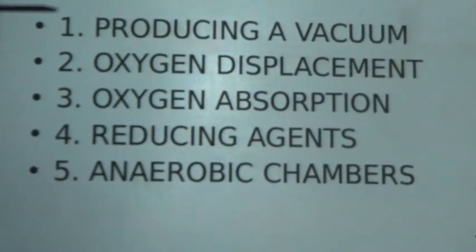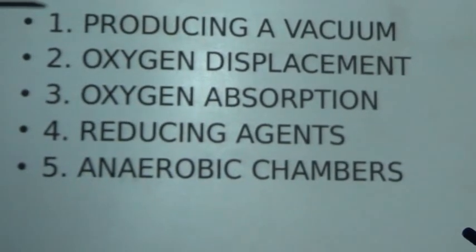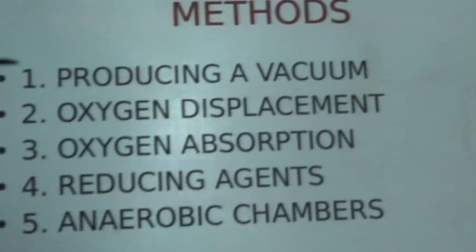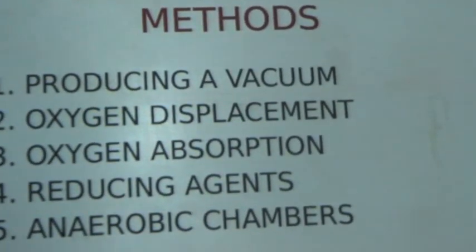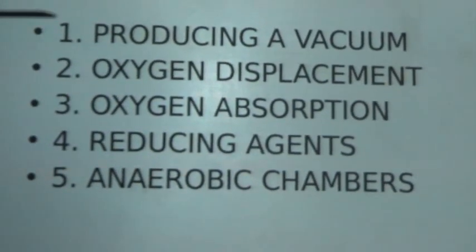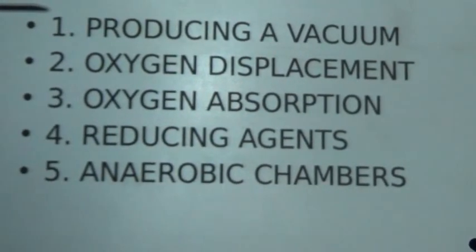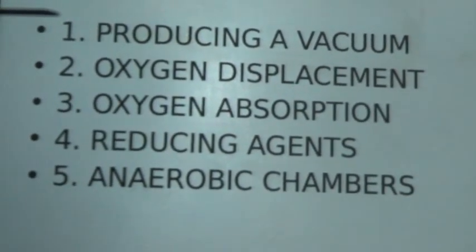Then the other method is oxygen displacement. That is, you remove oxygen by putting some other gas like hydrogen or helium inside the cylinder, so that oxygen is displaced and in its place some other gas is taken.